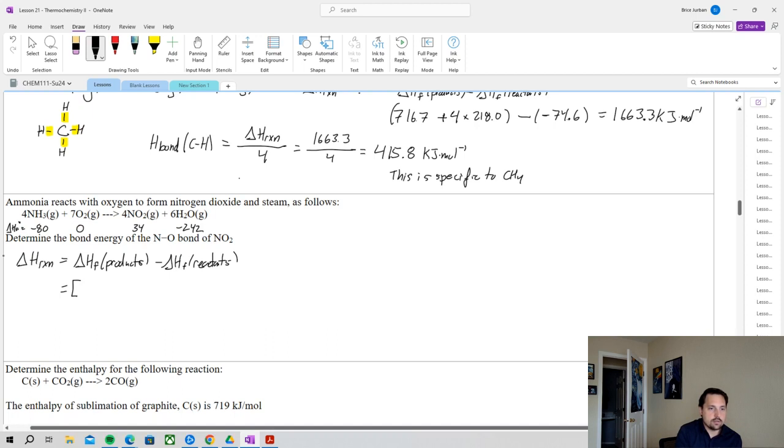And then we have 4 moles of NO2. So I'm just using shorthand here. So 4 moles times the enthalpy of formation of NO2 plus 6 moles times the enthalpy of formation of water minus 4 moles times the enthalpy of formation of ammonia plus 7 moles times the enthalpy of formation of oxygen, which is 0.